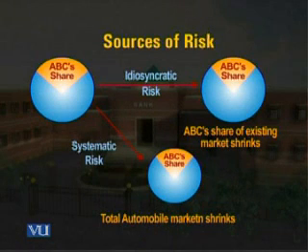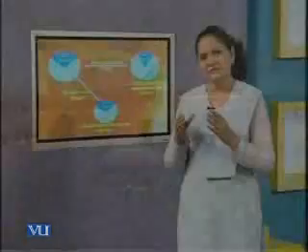We are talking about an automobile manufacturing company, ABC. On the top, we have ABC's share of the total automobile industry. When the performance of that company is not sufficient, it loses its market share.